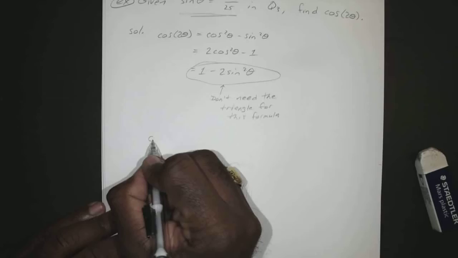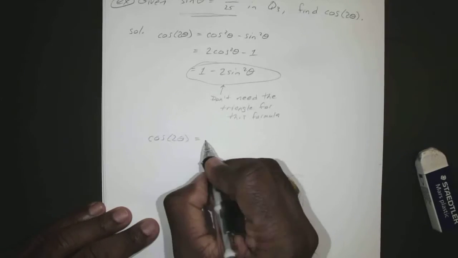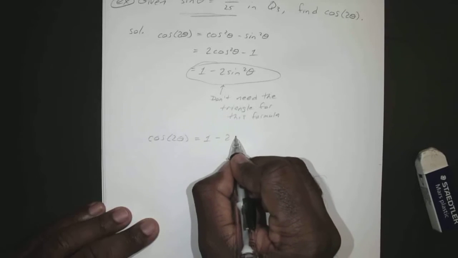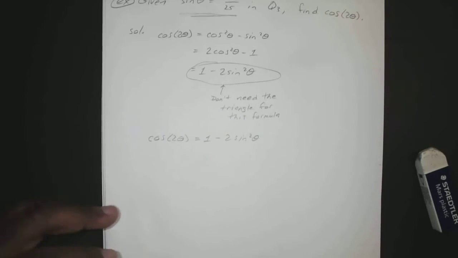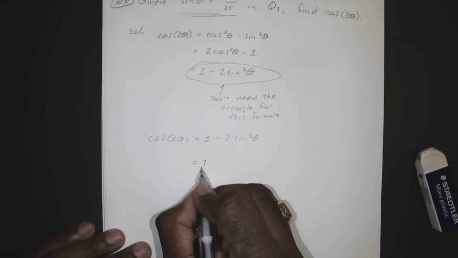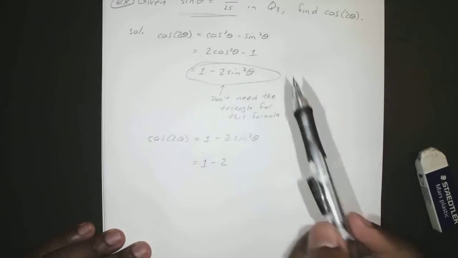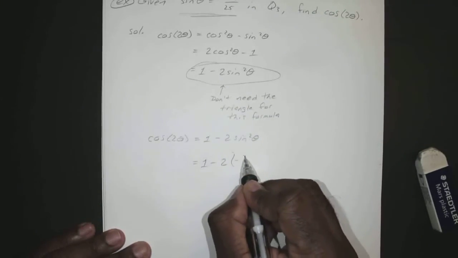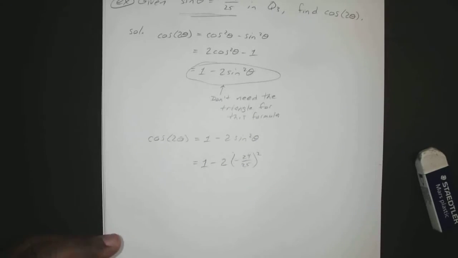Okay. So if cosine of 2 theta is equal to 1 minus 2 sine squared of theta, or you can say sine theta squared, that's going to equal 1 minus 2 times negative 24 over 25 squared.